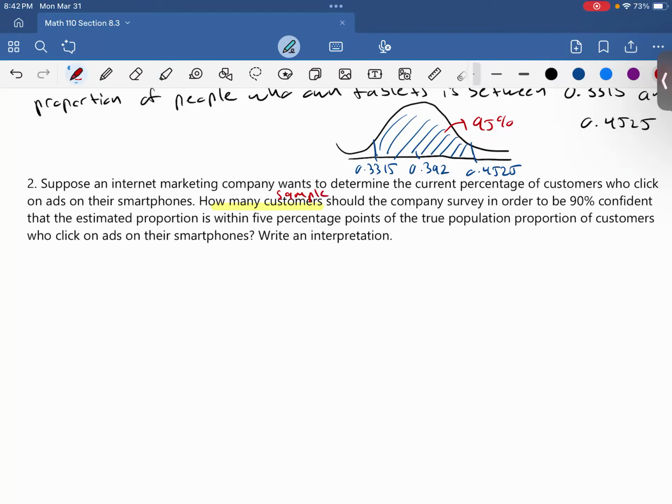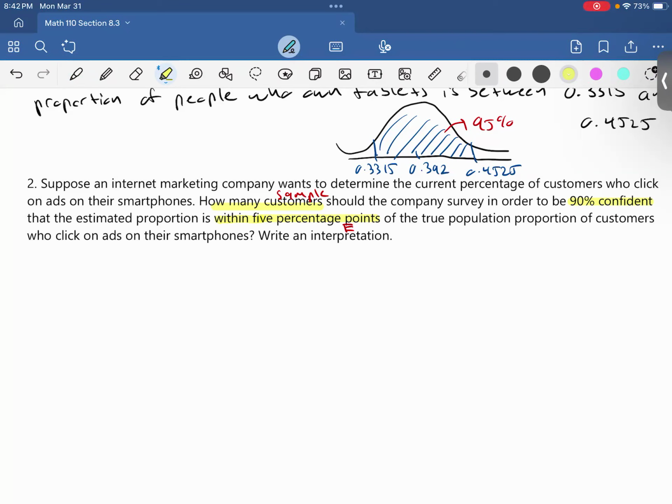How many customers should the company survey in order to be 90% confident that the estimated proportion is within 5 percentage points? That means error. So the keyword is within of the true population proportion of customers who click on ads on their smartphones, and then write an interpretation.